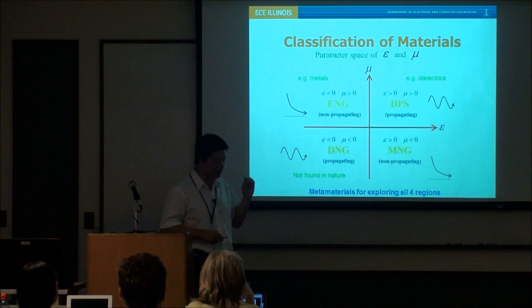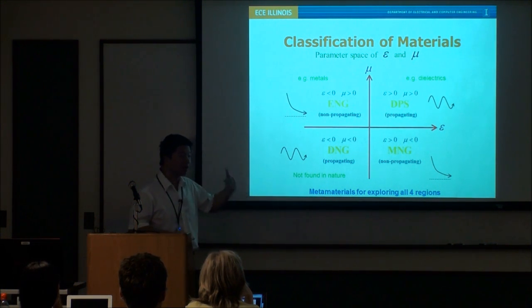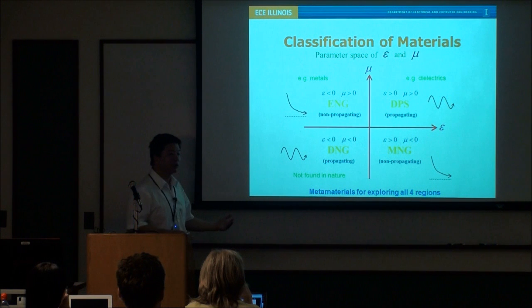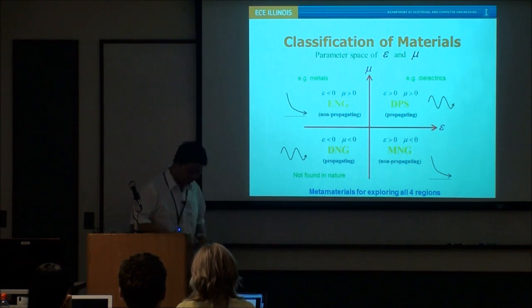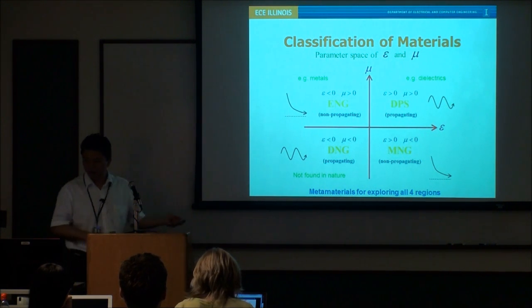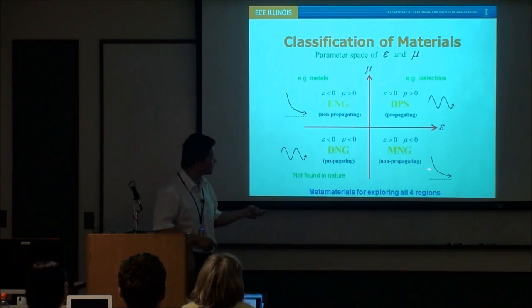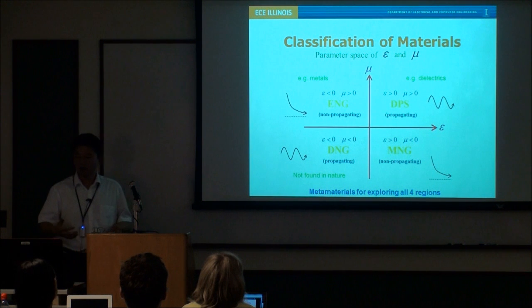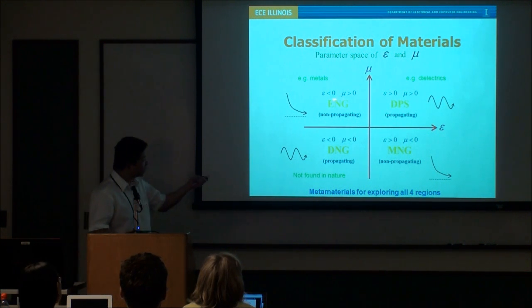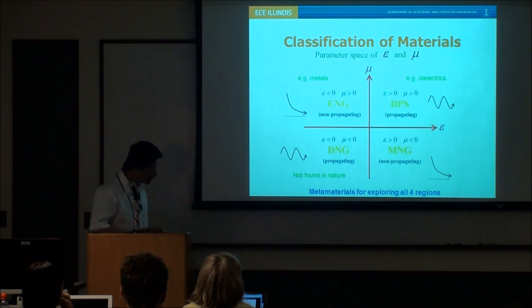So we can expect electromagnetic waves propagating with very little loss in that material. However, that material does not exist in nature, so we have to use engineering methods to create it. Well, there's another material, which is the mu negative material, and it's also attenuating, because in this case you have a huge attenuation for the magnetic field. And in the epsilon negative case, you have a huge attenuation for the electric field.